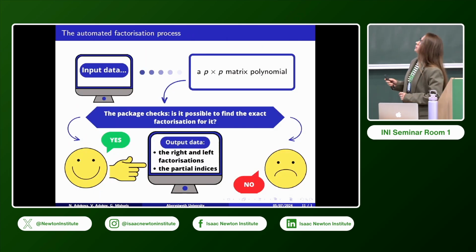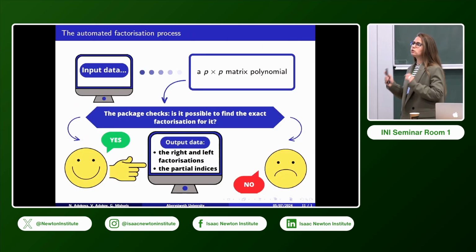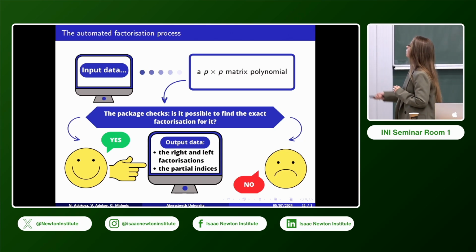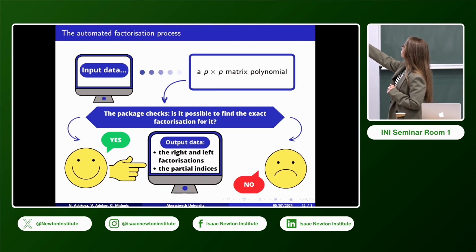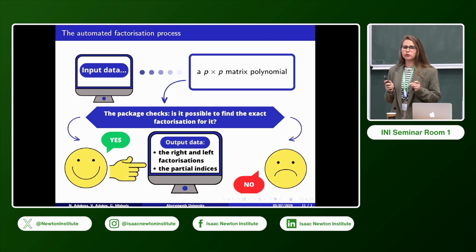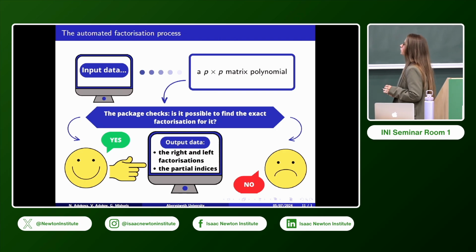This slide shows the user's point of view on how our package works. You input a matrix polynomial and then the package starts to check: is it possible to find the exact factorization for it or not?